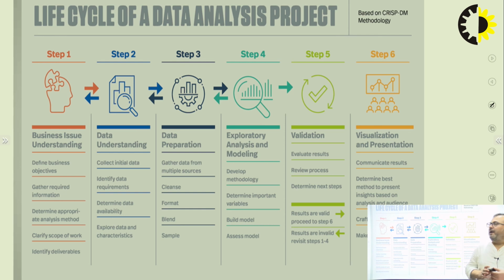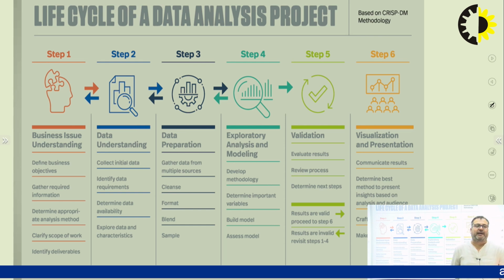The next step of this life cycle, step 3, is data preparation. How are we going to prepare data? We gather data from multiple sources like sensors, websites, interviews or surveys. Then we cleanse the data, then we format the data. What different types of format? Because we are talking about unstructured data.